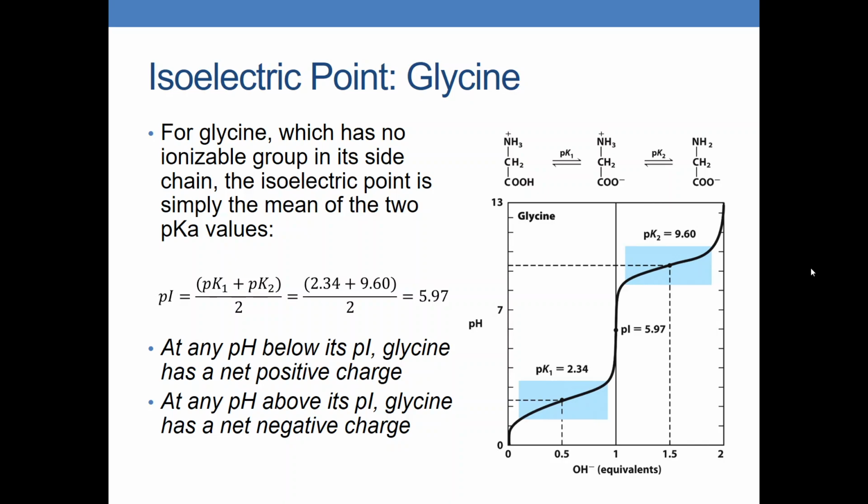So in this case, my isoelectric point is defined as the average of 2.34 and 9.6, which gives me a value of 5.97, which is my midpoint here.